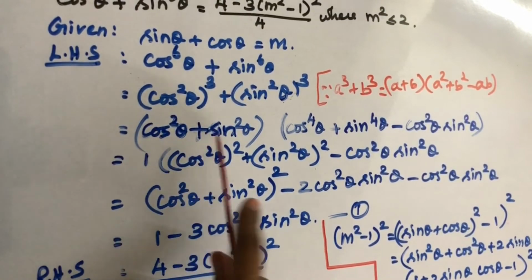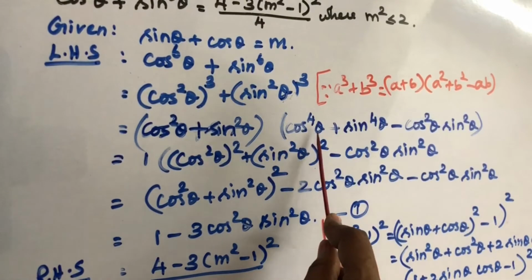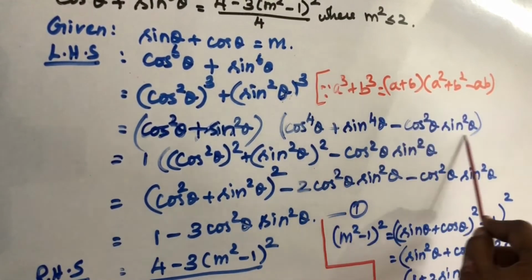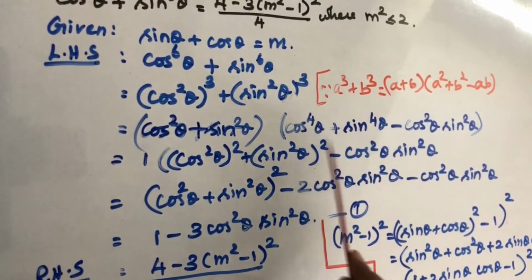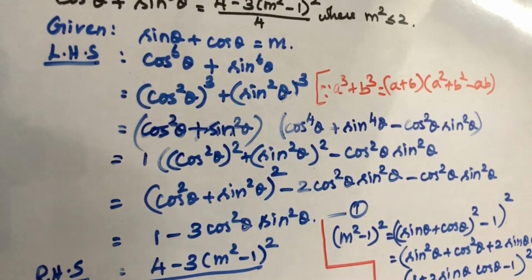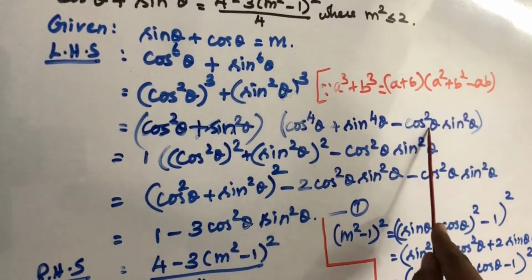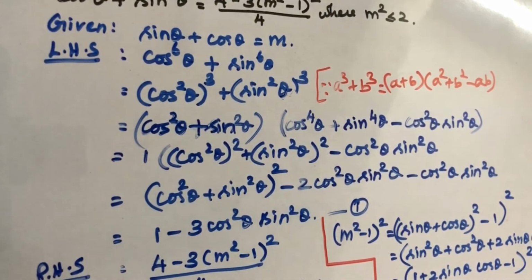What is cos square theta plus sin square theta? It is 1. And cos to the power 4 theta, I will write the remaining expression as cos square theta the whole square, sin to the power 4 theta as sin square theta the whole square, minus cos square theta sin square theta.